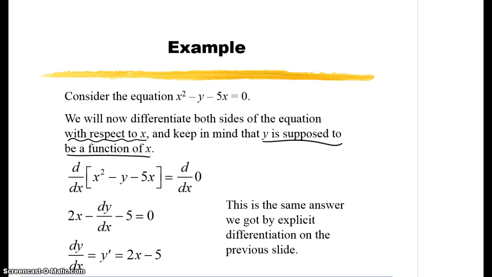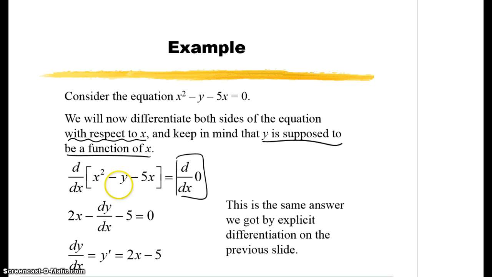So we differentiate both sides of the equation with respect to x. On the right hand side, the derivative with respect to x of a constant is just 0, so we get 0. On the left hand side, let's do this term by term. The derivative of x squared is 2x. The derivative of negative y, however, is negative dy/dx. Why?